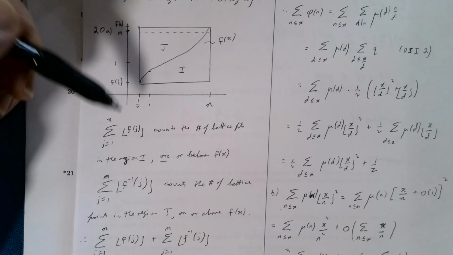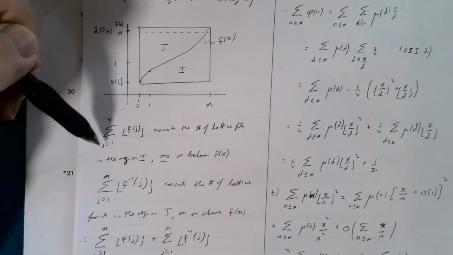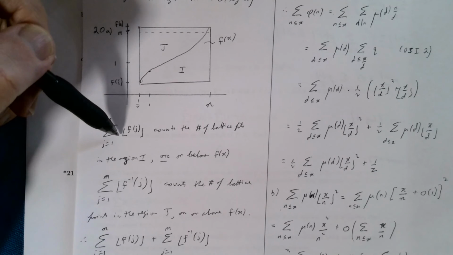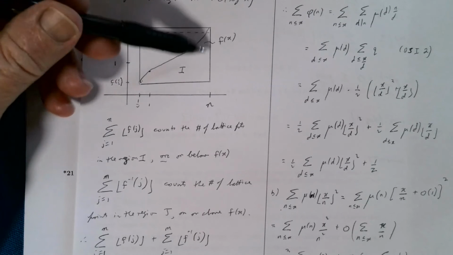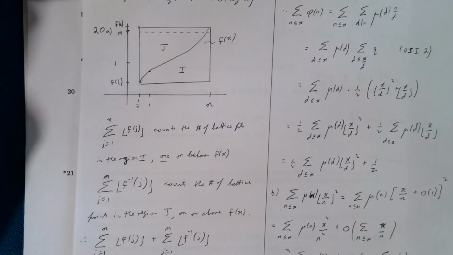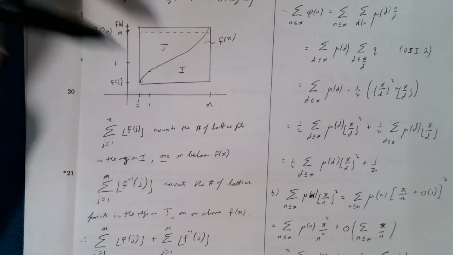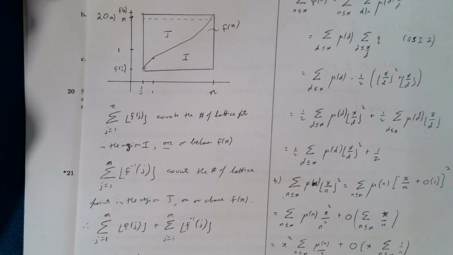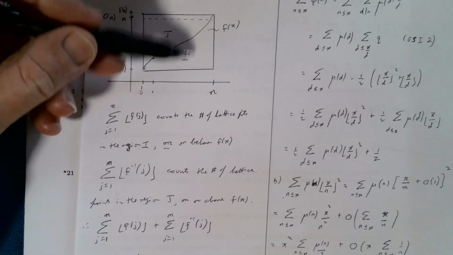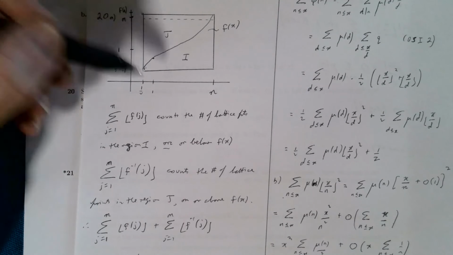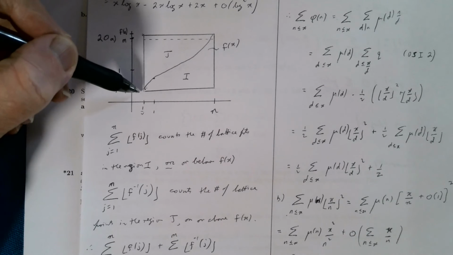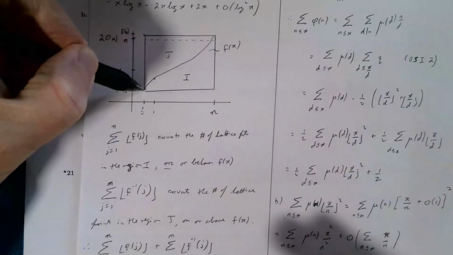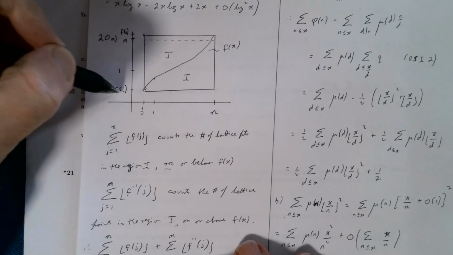So this first sum, j equals 1 to n of the floor of f of j, counts the number of lattice points in this region I that are either on or below f of x. There won't be any lattice points in here because the height at a half is going to be less than 1.